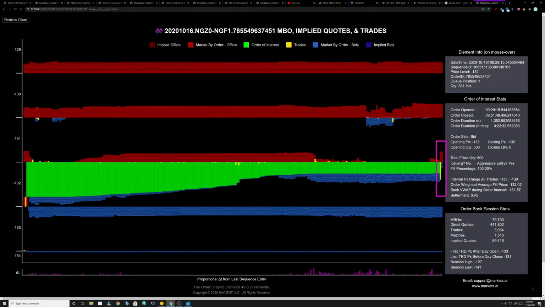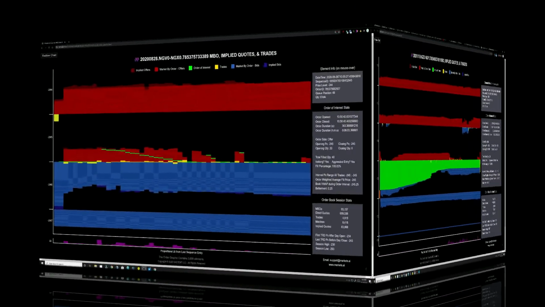It took them 22 minutes and 32 seconds during a busy time of the day. And that's about all I have to say about this particular order. Fairly simple order. The variation on the theme here was this aggressive order.